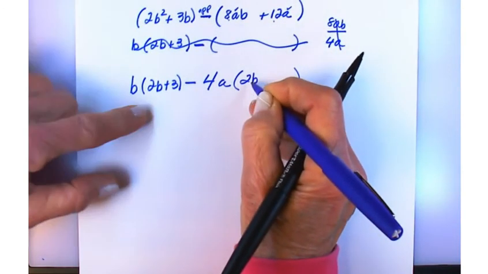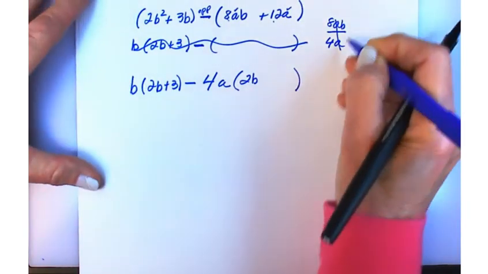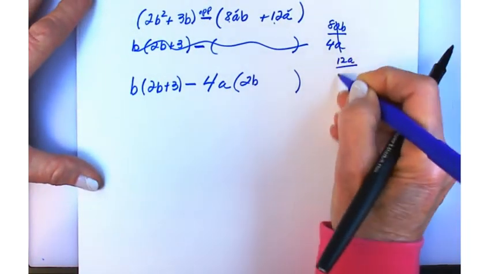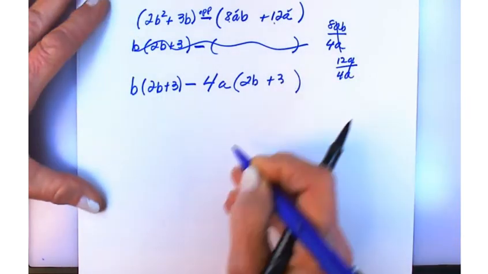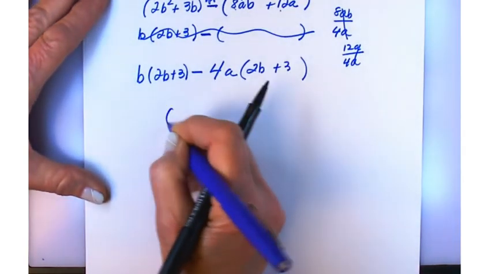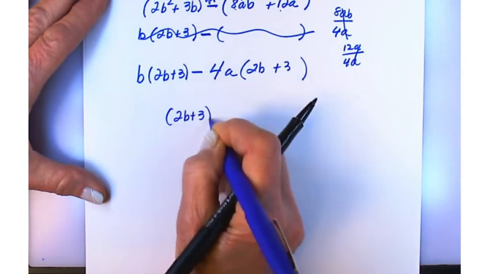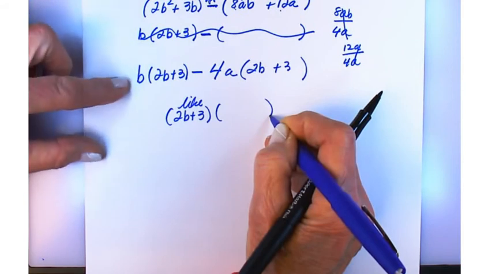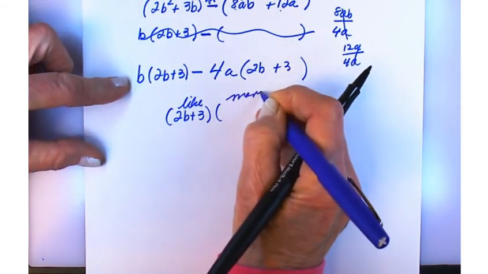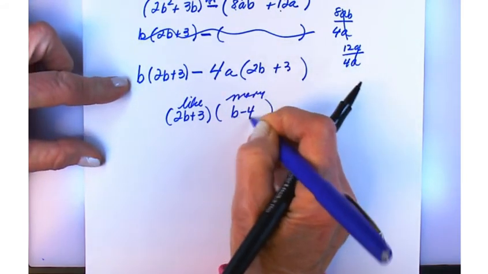Okay, that matches up. And then I have 12a over 4a, which gives me 3, and that matches up. So now I have 2b plus 3, which is my like. How many do I have? I have b minus 4a of them.